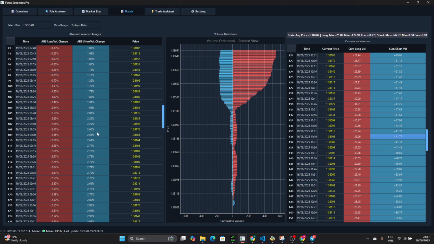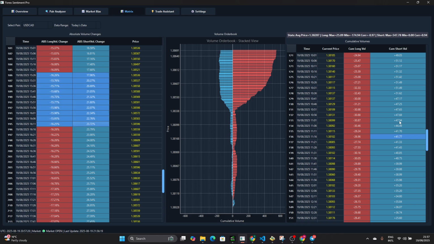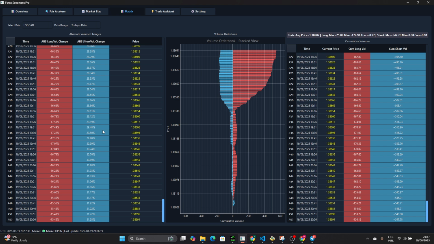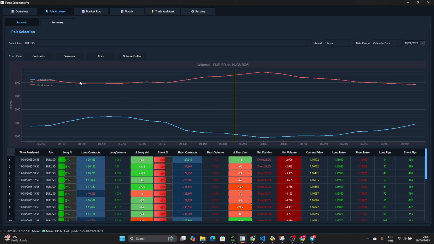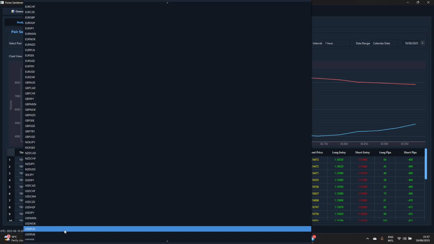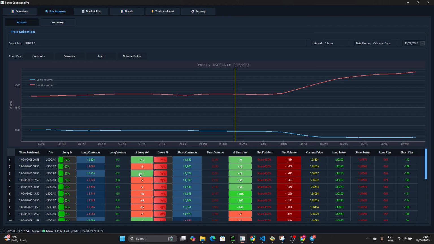Again, here on the absolute volume change, the same thing. They are opening shorts, closing their longs, very clear. So that's a good sign that the price will go higher. So when you see this, jump back to the pair analyzer to look at the USDCAD volumes.